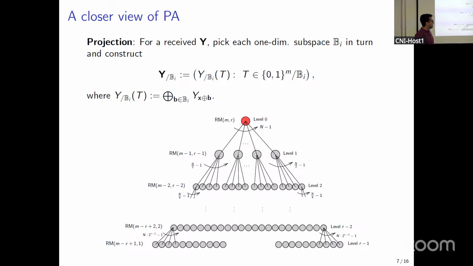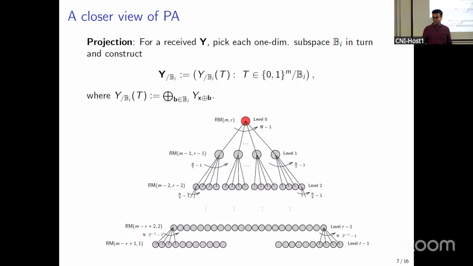These can be thought of as a projection onto cosets of the subspace that you have picked. And you do this projection for all subspaces that you have picked. There are 2^m minus 1 one-dimensional subspaces. You pick all of them and do this projection, and that gives rise to a visual representation of this kind. So there are 2^m minus 1 projections right at the top. You project at all of them, and each of them is an RM(M minus 1, R minus 1) code, and then you unroll further.